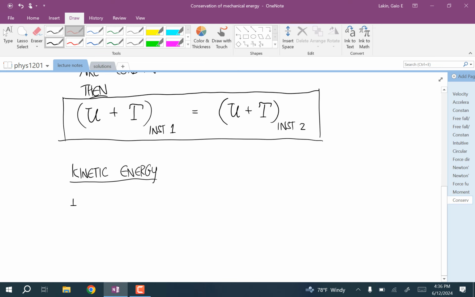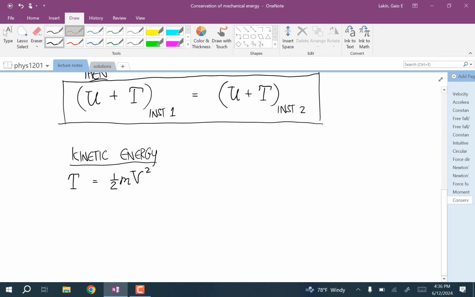Kinetic energy of an object is defined as 1/2 times the mass of the object times its speed squared. Speed, I'm going to use that capital V that I've used before to represent the speed. And so what this says is, if two things are moving at the same speed, the thing with the bigger mass has more kinetic energy.